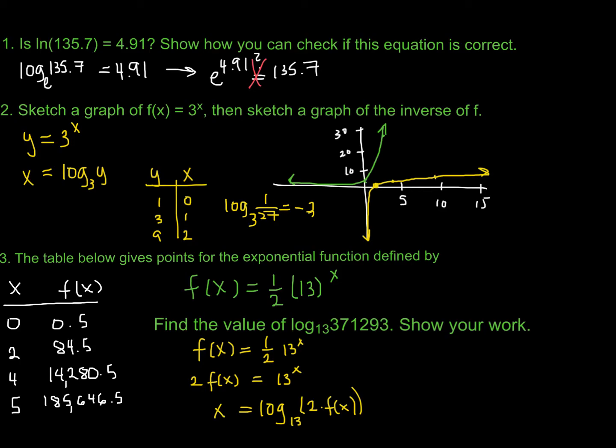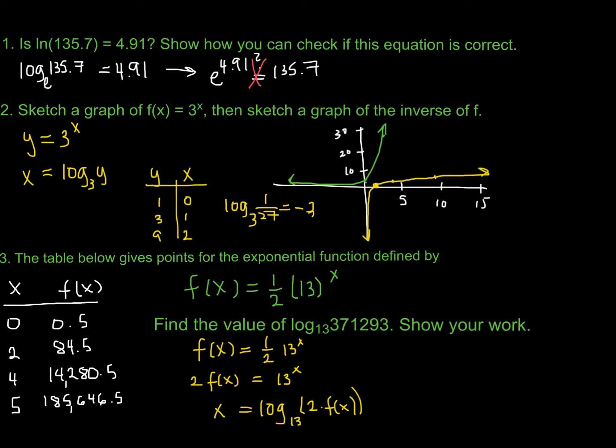And so I know that when I find the inverse of this, when I solve for x, I'm going to have a logarithm function with a base 13. So let's go ahead and solve for x so that we get a log base 13 function. Because if we do that, then we know some points that are log base 13. So when I solve, I'll just keep it as f of x because that's how it is in my table.